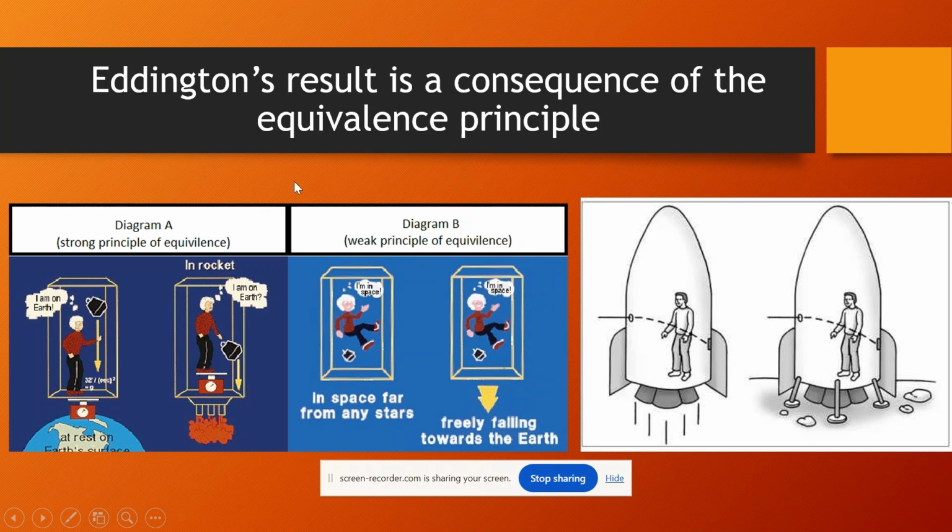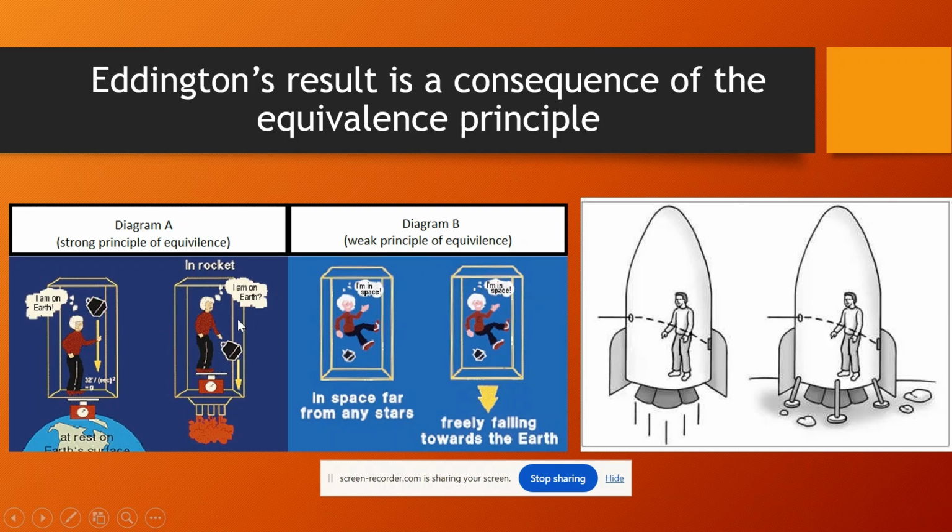The Eddington result of the deviation of the path of light is a consequence of the equivalence principle, which suggests the following. Imagine that you're in a rocket in space and the rocket accelerates at 9.8 meters per second squared. This is equivalent to just standing on the Earth and feeling the gravity of the Earth, which is 9.8 meters per second squared.